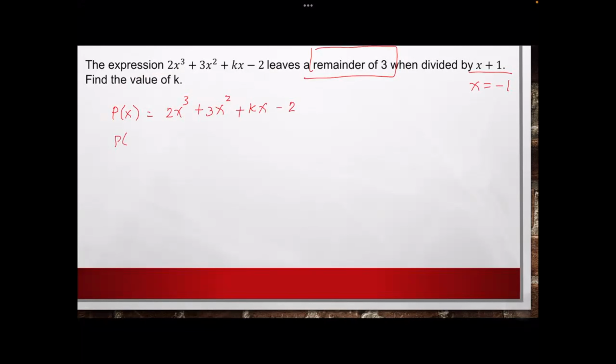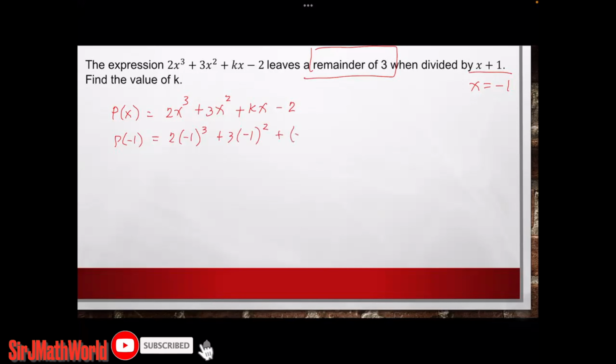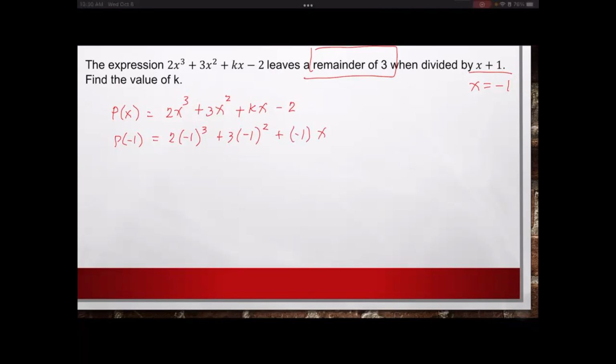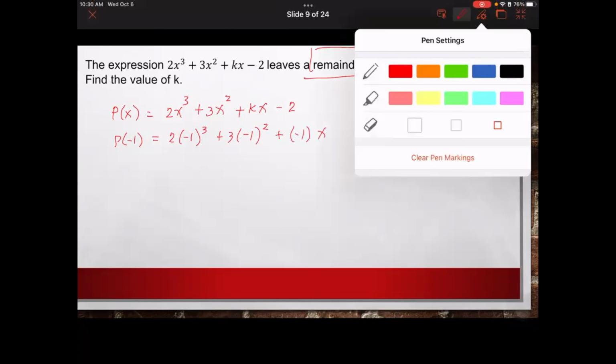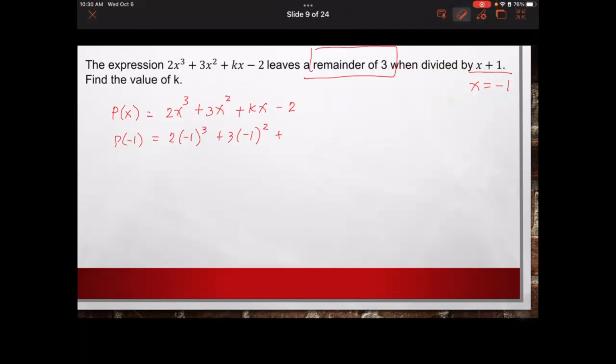P of negative 1 is equal to 2 times negative 1 cubed plus 3 times negative 1 squared plus k times negative 1 minus 2.